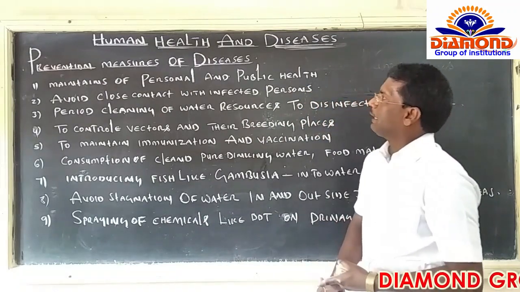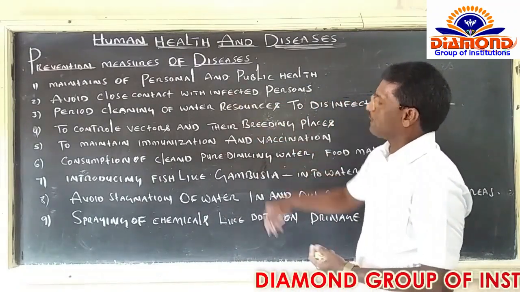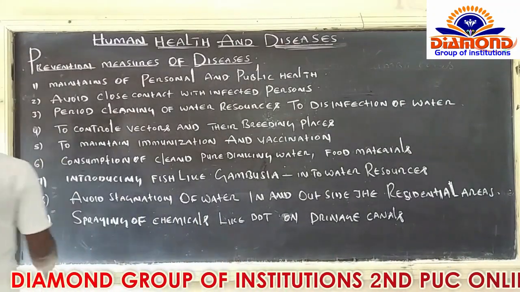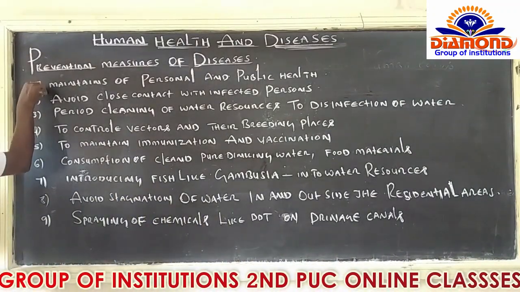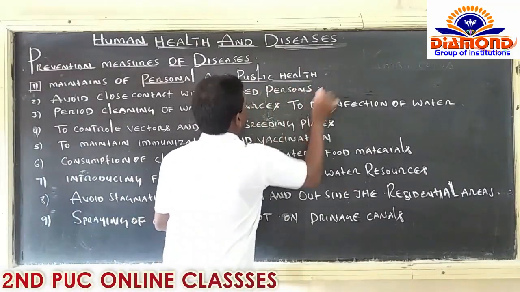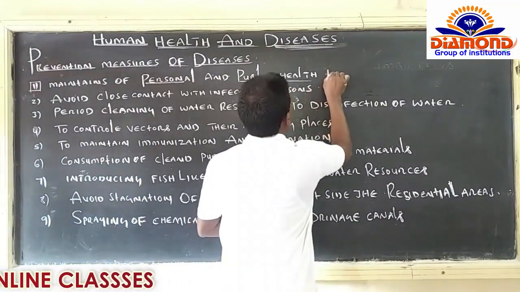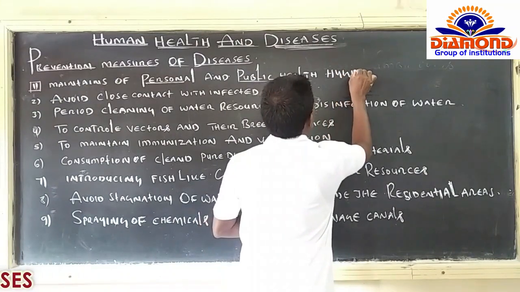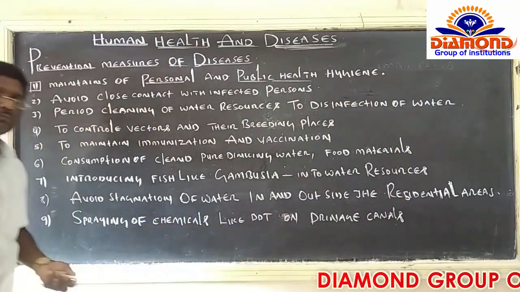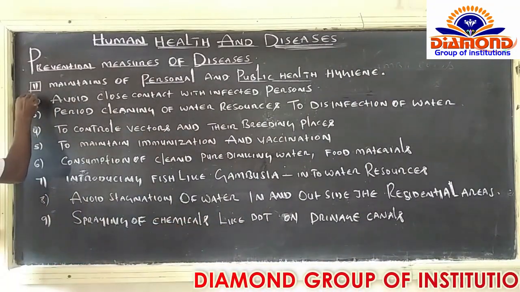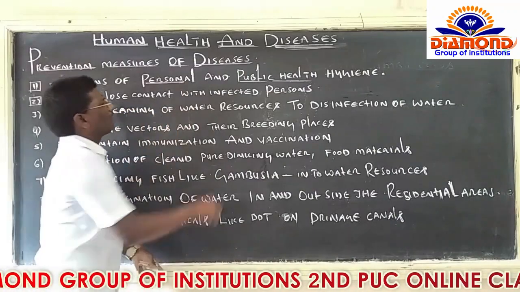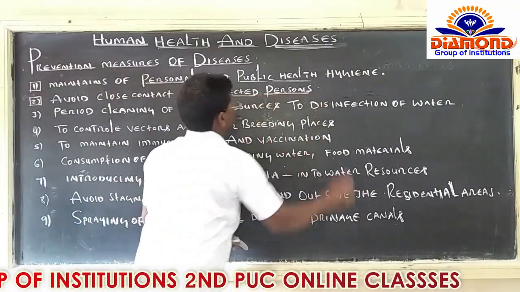Right. Now have a look here. The prevention measures of diseases. Number 1, maintenance of personal and public hygiene. This is the first point. Number 2 is to avoid close contact with infected persons.